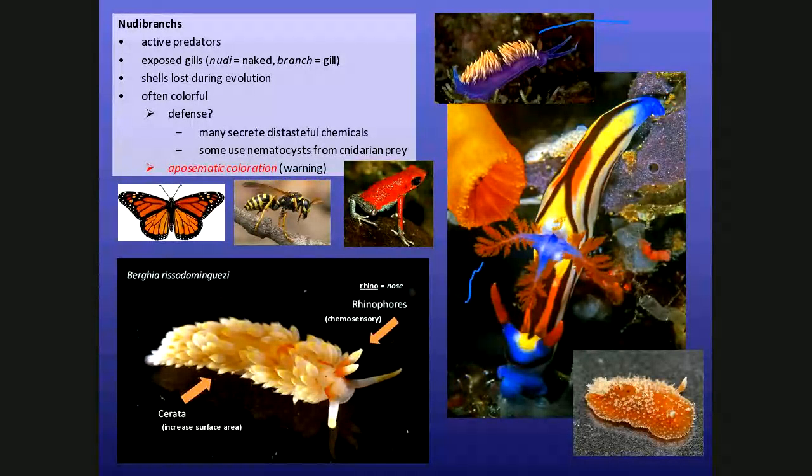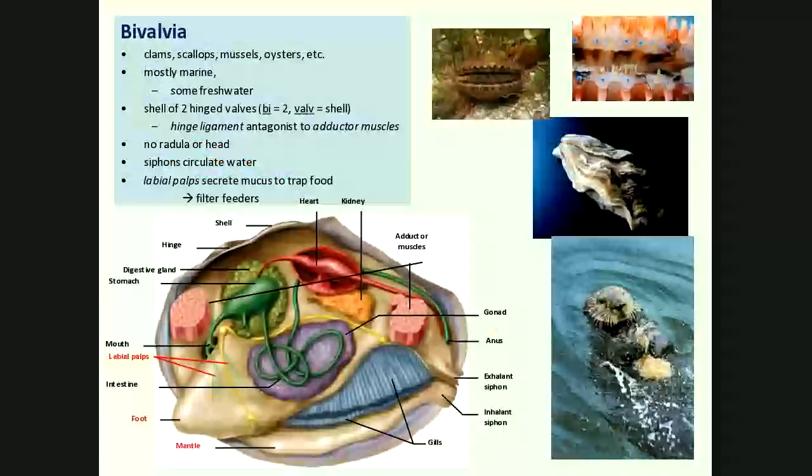Birds can eat viceroys. Birds have learned to avoid the monarch. Don't eat that one that looks like that. Viceroy butterflies evolved through time to look much like a monarch. So the birds go, oh, I don't know, maybe that's a viceroy, maybe that's a monarch. My guess is the birds aren't that good at identifying butterflies. They stay away from them. Sometimes it's good to advertise that you're a badass, I guess, right?